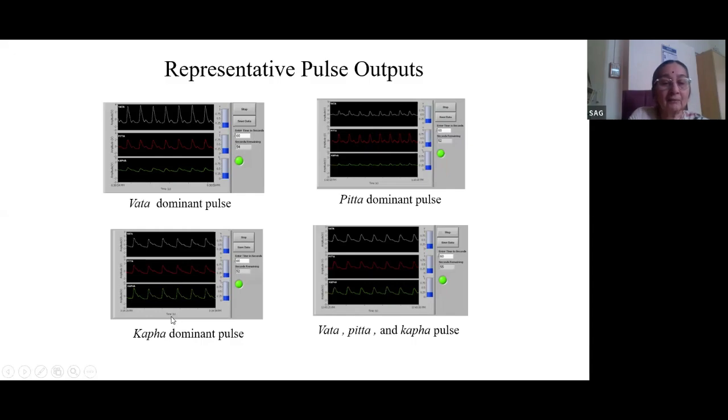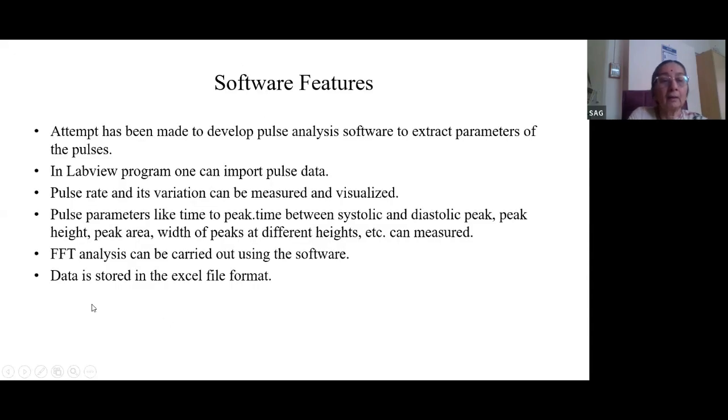This Kapha dominant is this person, and a Vata, Pitta, and Kapha pulse is like this. This software which we developed is a pulse analysis software to extract parameters from the pulse.